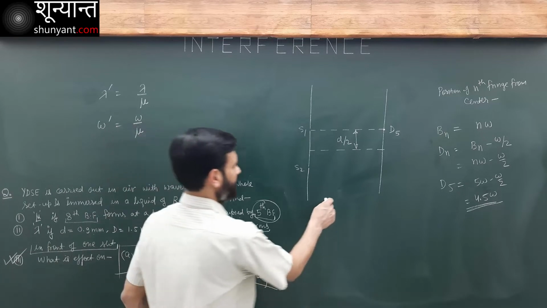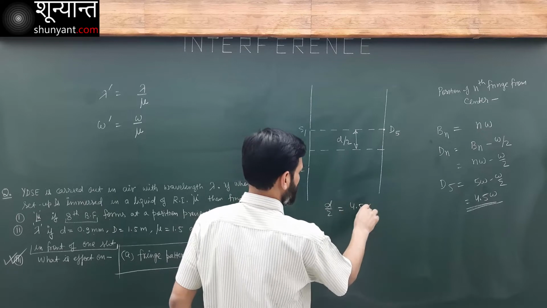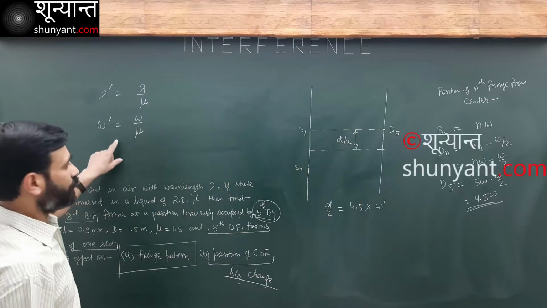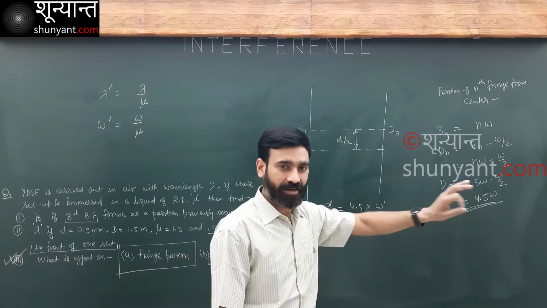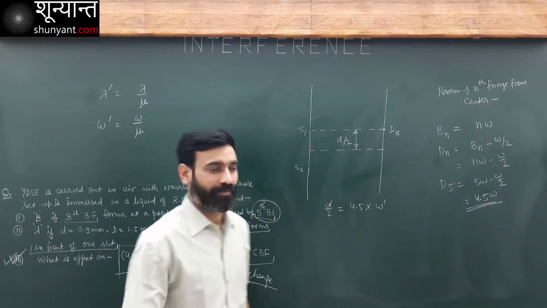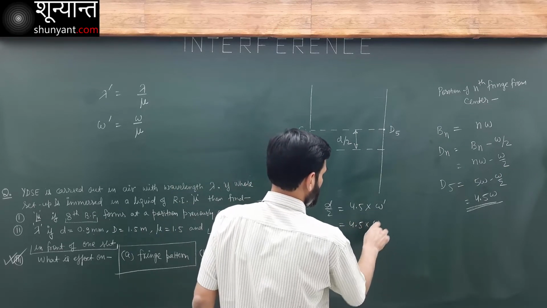So d by 2 is equal to 4.5 times omega dash in this medium. This is a general expression. In this medium, it will be equal to 4.5 times omega over mu.